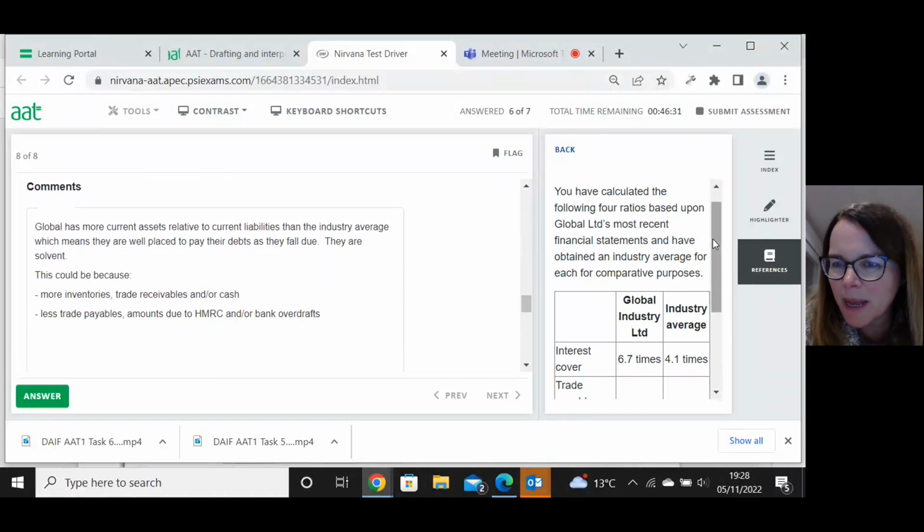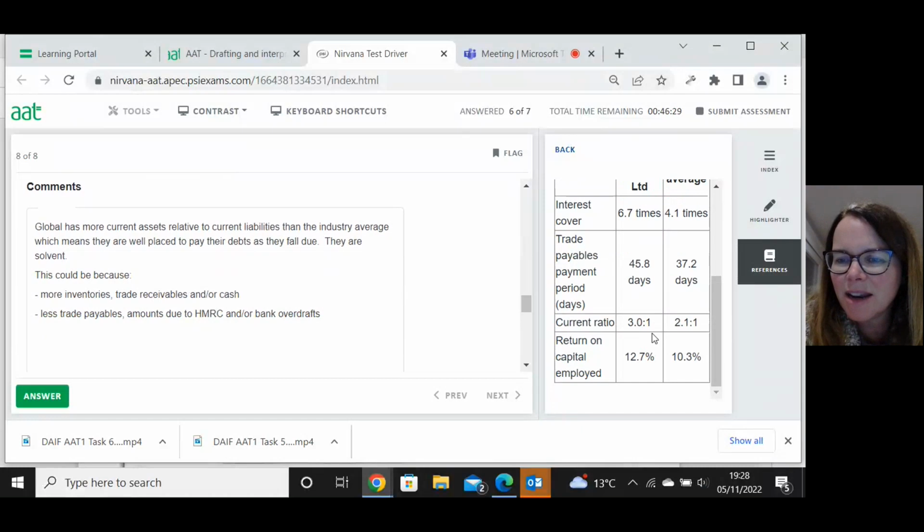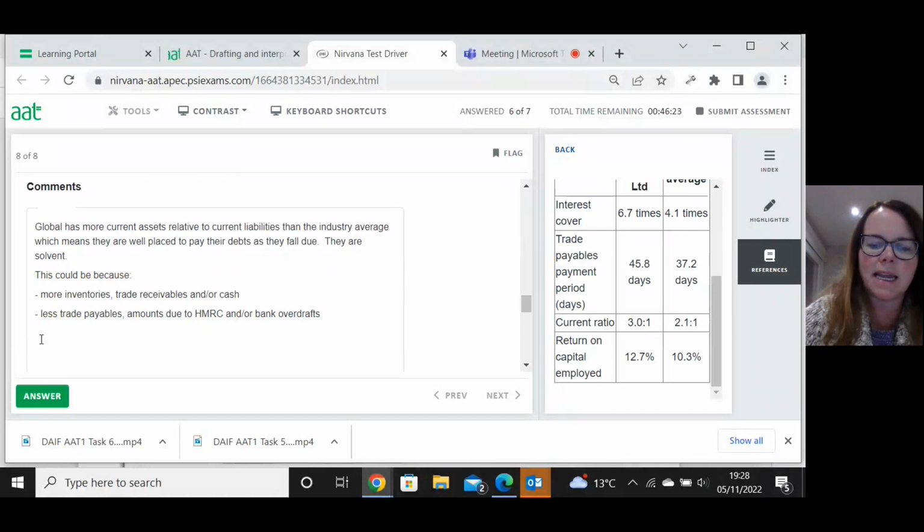We can make some comment about the risk here because it's getting a bit on the high side, to be honest. I mean, £3 of current asset for every £1 of liability. We could say something like, oh gosh, what's happened here?